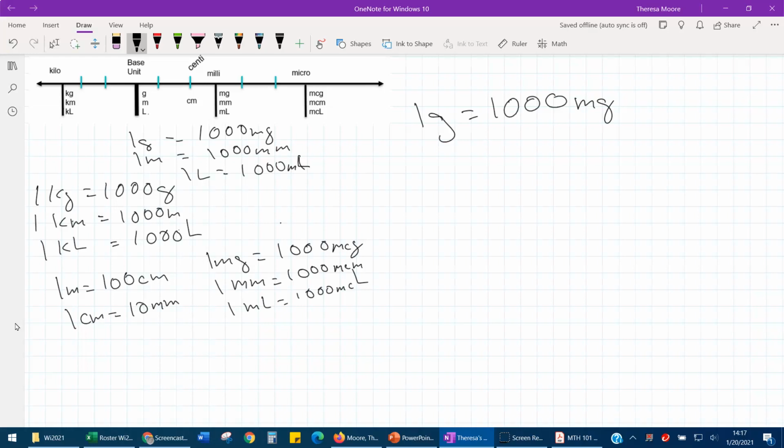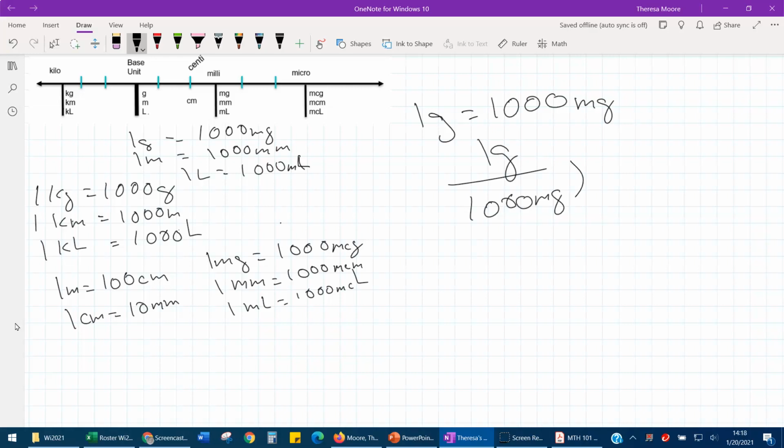This produces two different conversion factors, two different ratios, if you will. 1 gram is to 1,000 milligrams. That's one ratio that can be derived from this equivalency. And we call that ratio a conversion factor. It's used to do conversions.